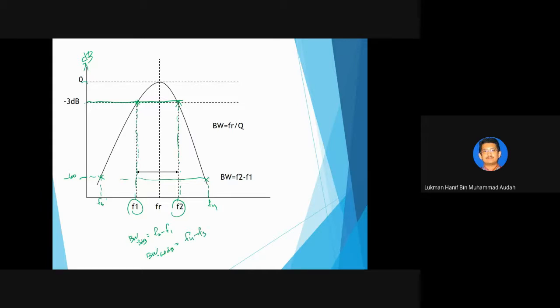So you see that the bandwidth at minus 60 dB is larger than the bandwidth at minus 3 dB of the frequency response curve.